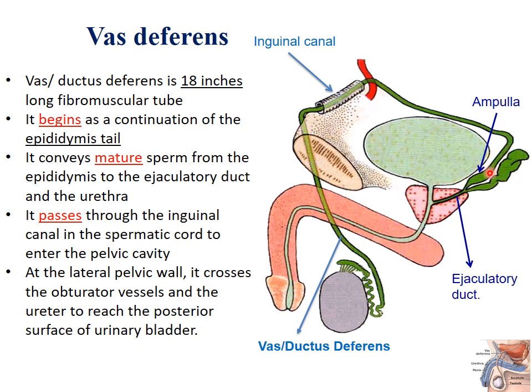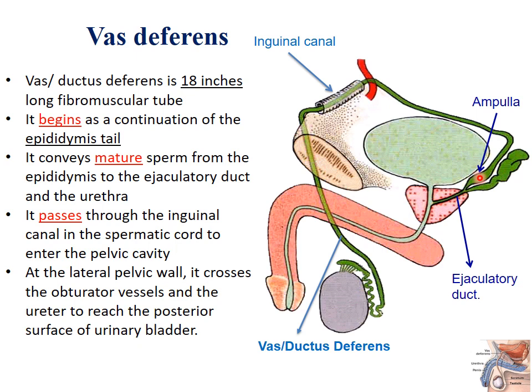Then from the posterior surface, this ductus deferens goes below the urinary bladder and at the back of the urinary bladder, where it combines with a gland. This is the seminal vesicle gland, where it combines with the seminal vesicle duct. So this is the ampulla. Ampulla is the last distended part of the ductus deferens.